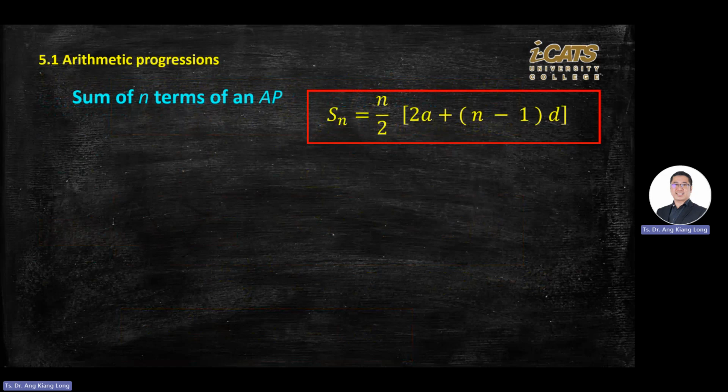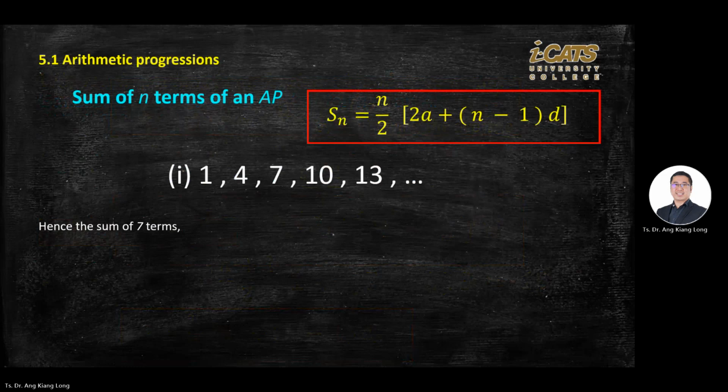Okay, so there's a tutorial question. If the question asks you to calculate the sum of the series 1, 4, 7 that we saw just now, if you want to calculate the total 7 terms in the series, starting from 1, then you apply the series.